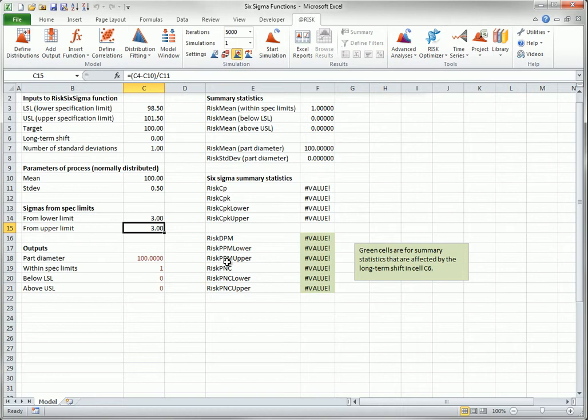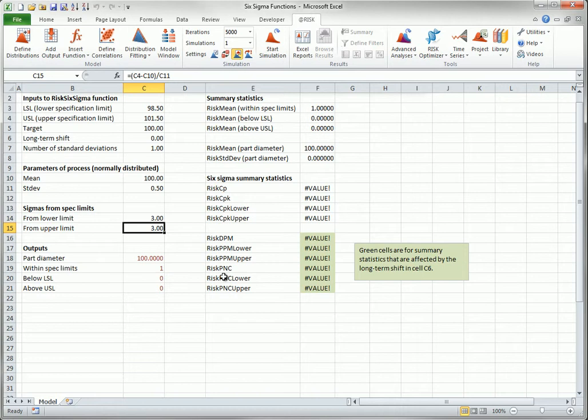You would expect a 3 sigma process to produce very few defective parts because a normally distributed value has a very small chance of being more than 3 standard deviations from its mean. As the Six Sigma functions will indicate, however, a 3 sigma process is not necessarily as good as you might think.